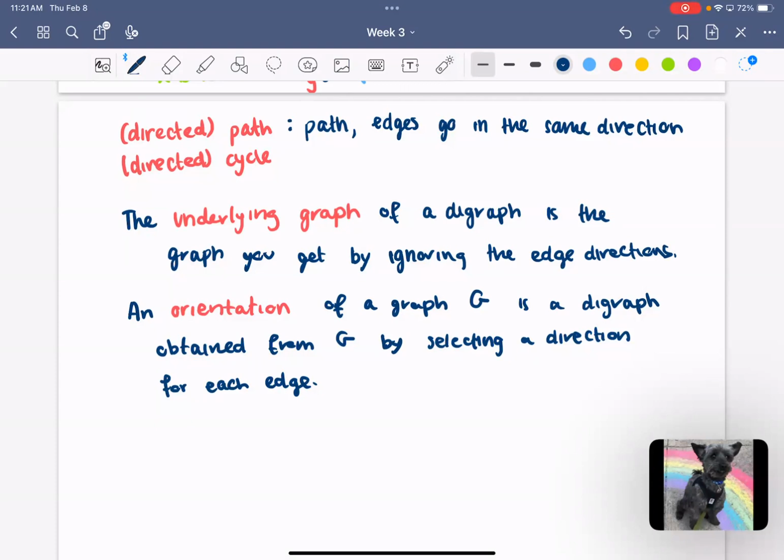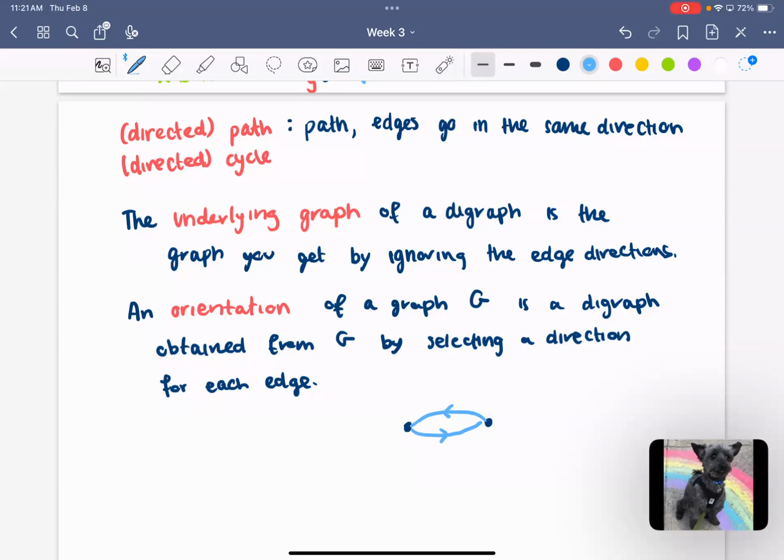It's like in an electrical circuit or flight paths or a lot of different real life examples. There's movement involved, right? And so usually if you want to say you can go in both directions, you would just draw two edges, one going in each direction like that. Yeah.